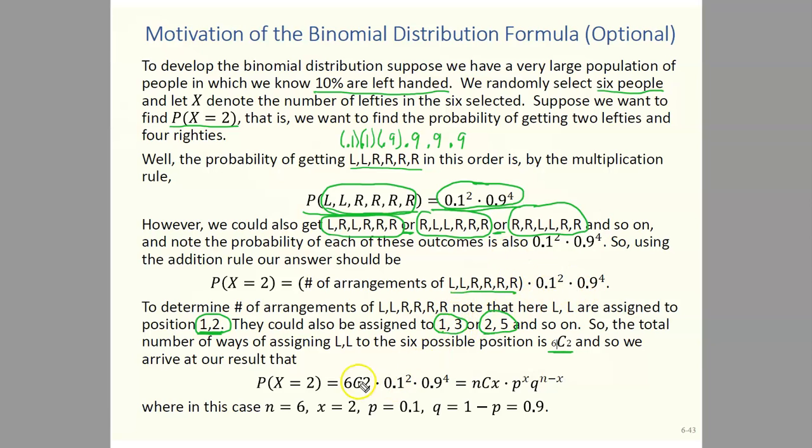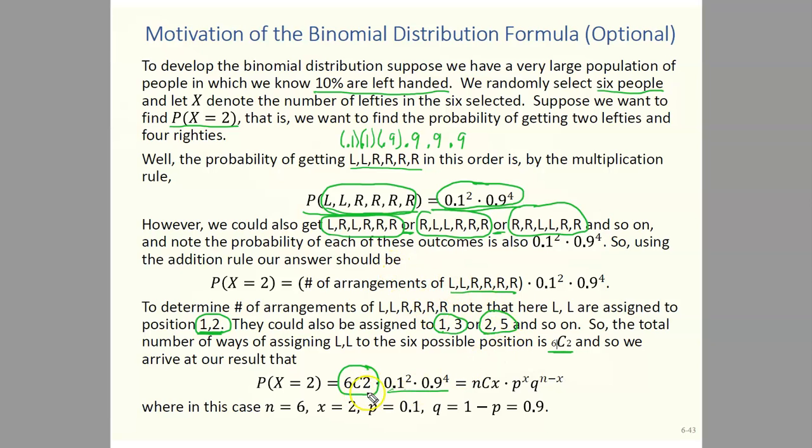And so the probability of getting 2 left-handed people in 6 selections is 0.1 squared times 0.9 to the 4th times 6C2. This determines how many arrangements there are of left, left, right, right, right, right.